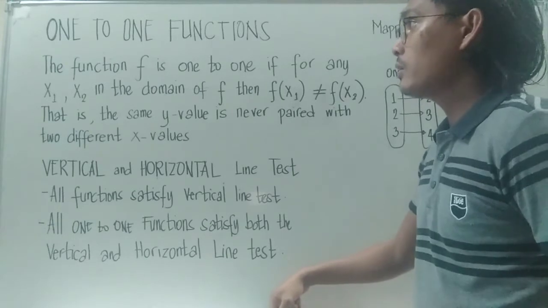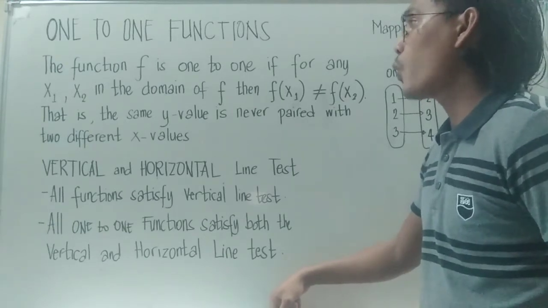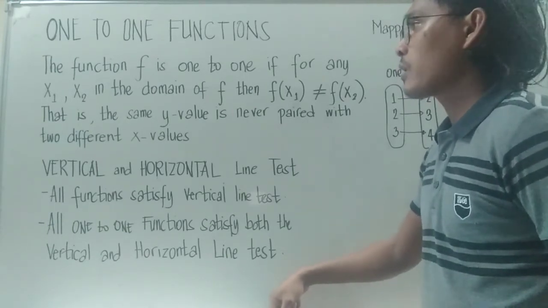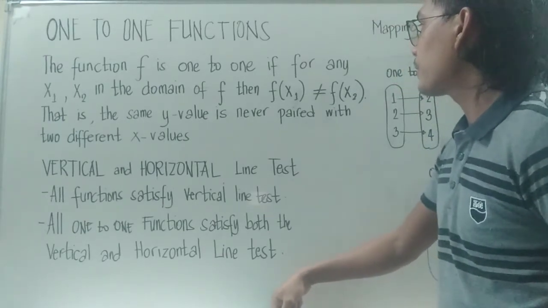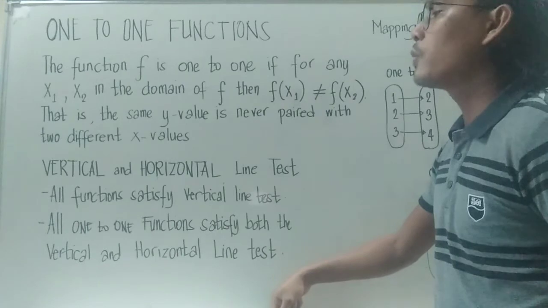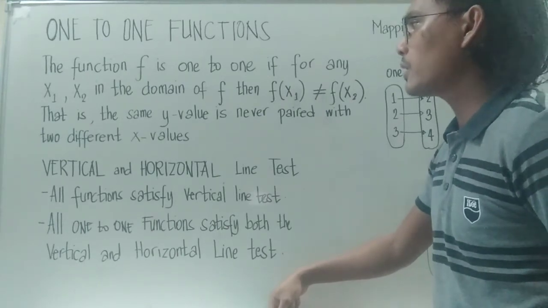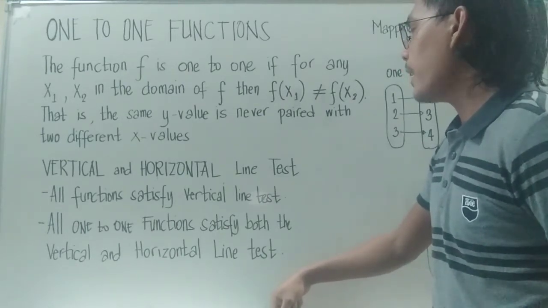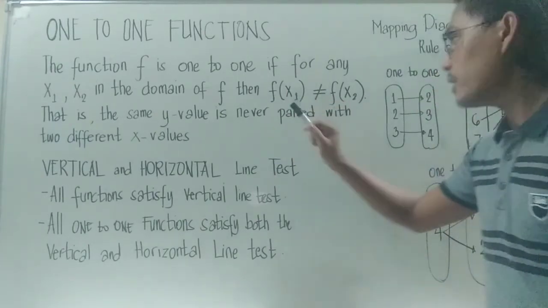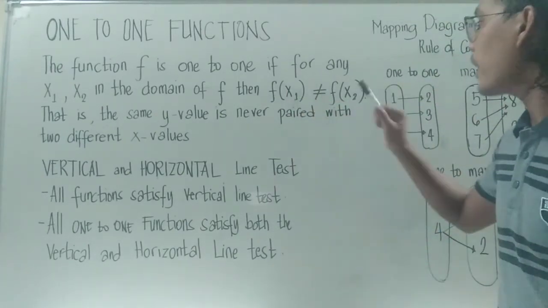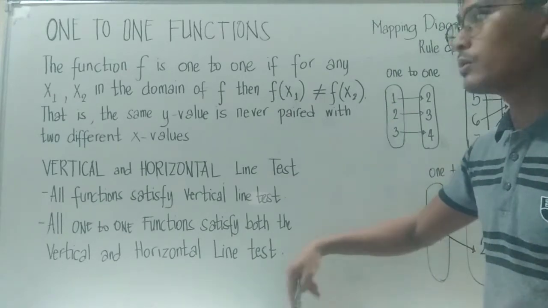In this video we will learn about one-to-one functions. The function f is one-to-one if for any x sub 1 and x sub 2 in the domain of f, f of x sub 1 is not equal to f of x sub 2.